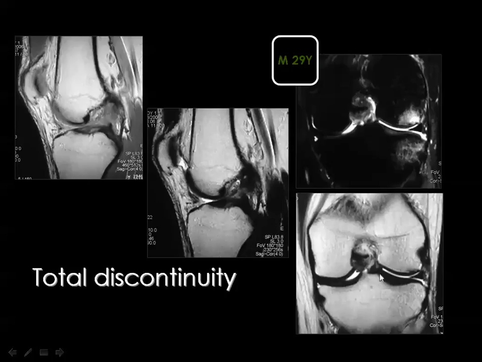In the coronal images, you cannot easily identify the anterior cruciate ligament, nor in the STIR or in the coronal T2 weighted images. Also, you can appreciate the presence of bone marrow contusion in the femoral condyle, as well as in the opposing surface of the tibial condyle, which is known as kissing contusion.